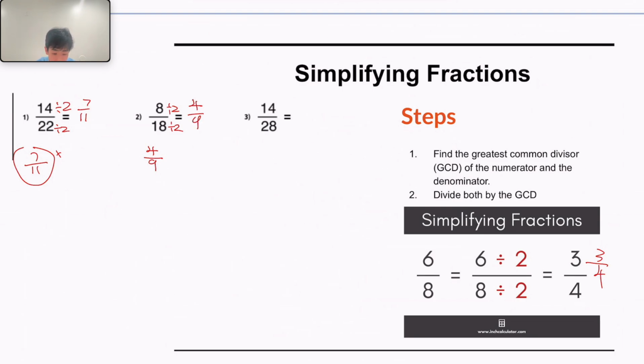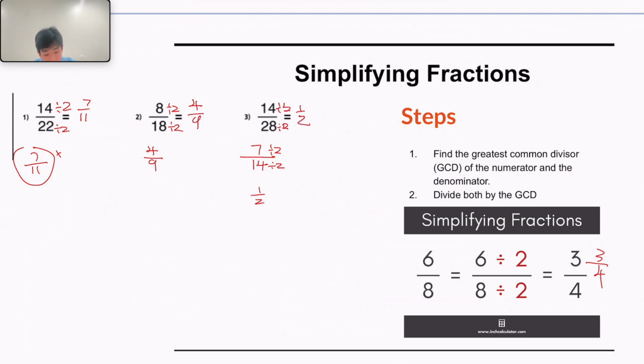In this case here, 14 and 28, we can divide both by 2 first. This will result in 7 over 14. As we find here, we can also divide both by 7. So this will later result in 1 over 2.